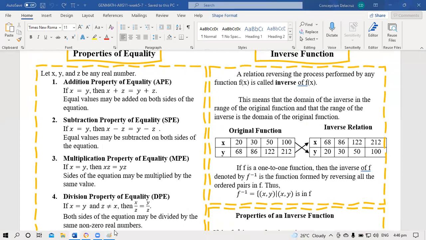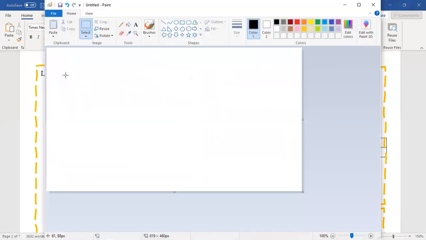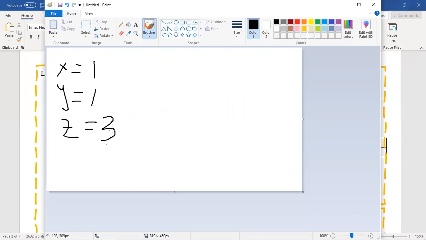For example, we have here x is equal to 1, y is equal to 1, and z is equal to 3. So x is equal to y, 1 and 1.